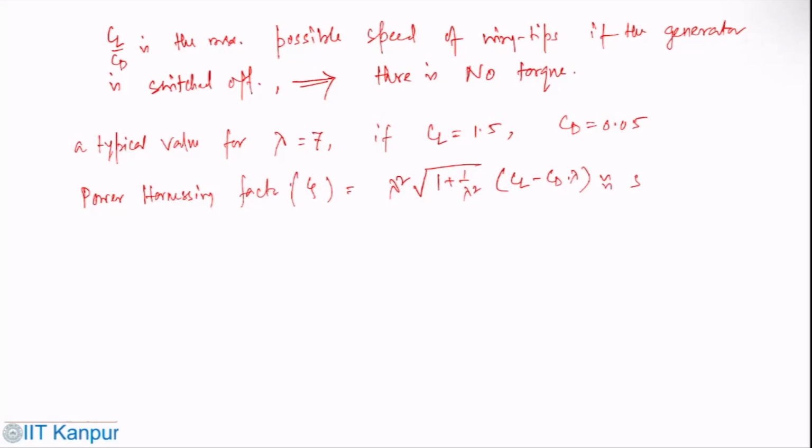So essentially that becomes 57, approximately. For lambda equals 20, we can even get roughly 200, which is quite high. This is a remarkably high number.